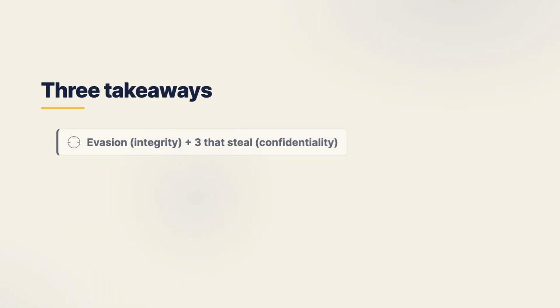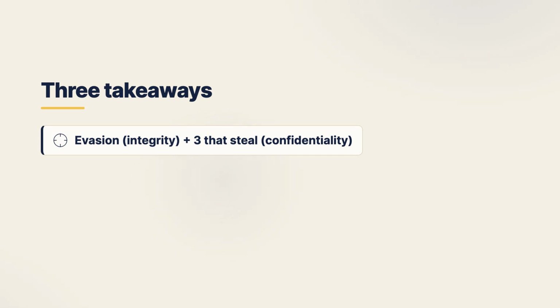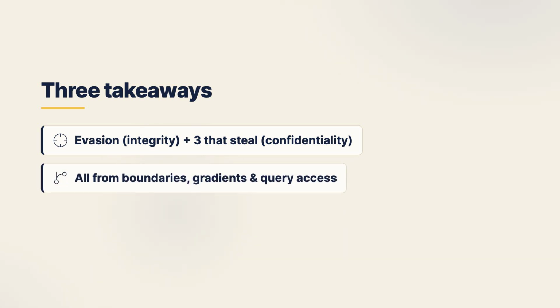Let me leave you with 3 takeaways. 1. Adversarial machine learning is 4 attacks on a trained model. Evasion bends its answer, that's integrity, while extraction, inversion, and membership inference steal the model or its data, that's confidentiality. 2. They're all possible because of decision boundaries, gradients, and query access, and your strongest lever is the one you own, the query. 3.